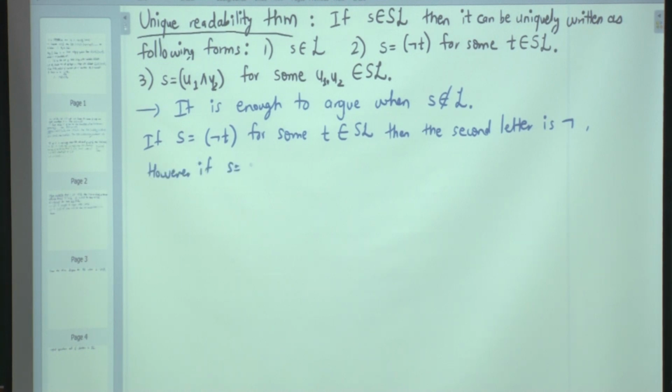However, if S is equal to U1 conjunction U2, then the second letter, syllable and letter are the same thing, we will use syllable very properly next time, so maybe I should use letter, the second letter is either an open parenthesis or a propositional variable.